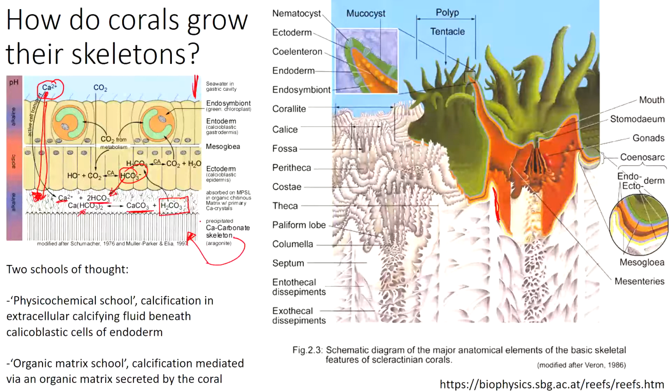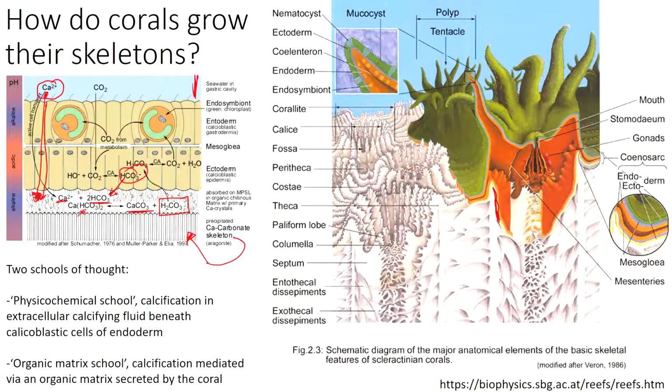So it will be acidifying this space here. And you recall that if you add acid to calcium carbonate, it will tend to dissolve. So there has to be another mechanism that the coral performs where it takes this acid, these excess protons. This is expressed here as the carbonic acid, but other versions of this equation will show it as just H+.